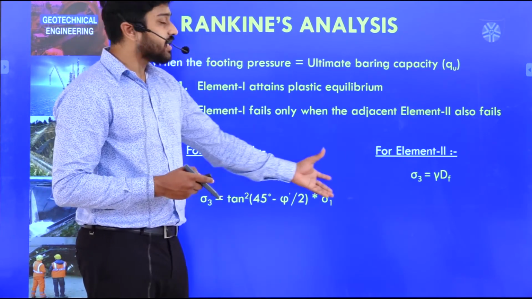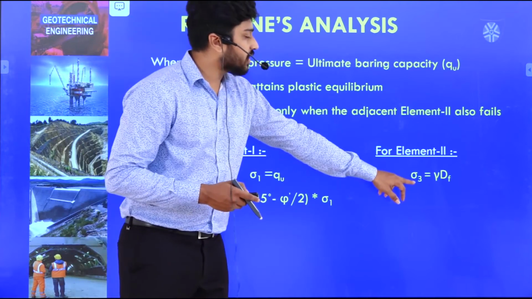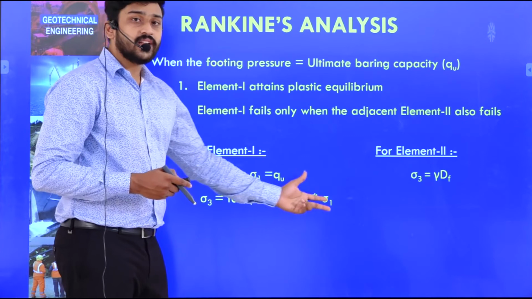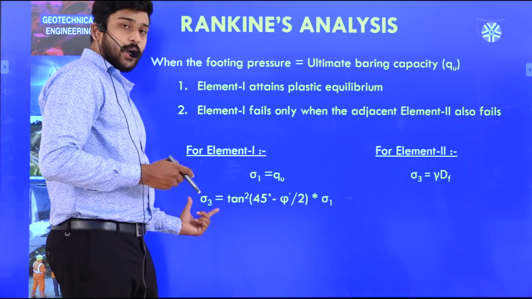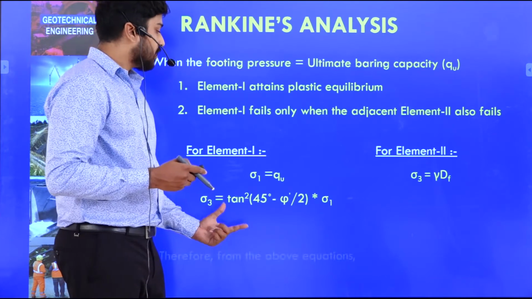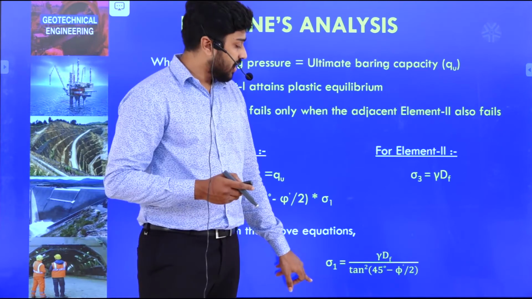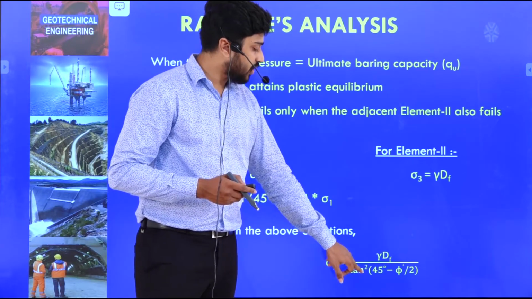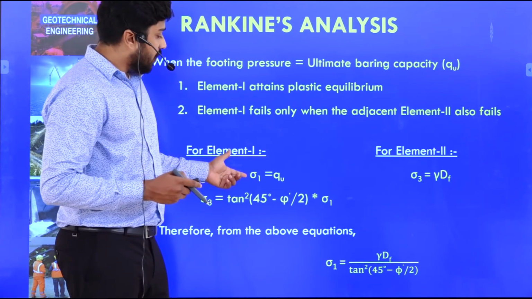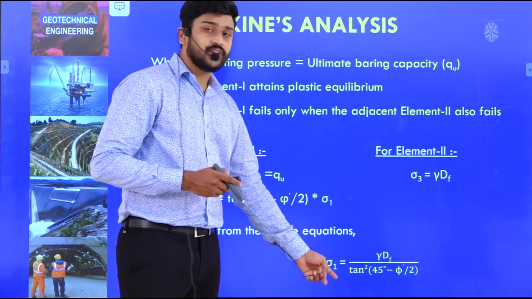So from these three equations, let us substitute sigma 3 as gamma df in this particular expression. So we can obtain that sigma 1 is equal to gamma df by tan square (45 degrees minus phi by 2). Now using sigma 1 equal to qu, let us substitute qu here.